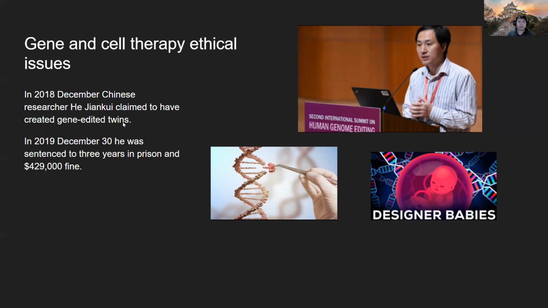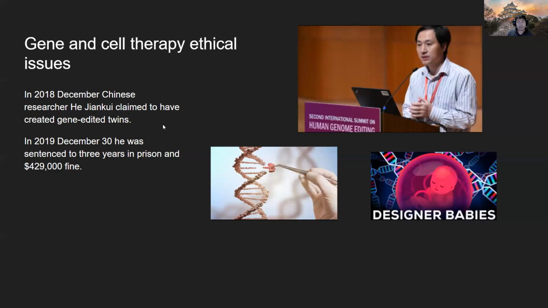So in 2018, Chinese researcher He Jiankui claimed to have created gene-edited twins, whose parents both have the HIV virus. So they wanted to have a baby, but they didn't want that baby to have HIV.